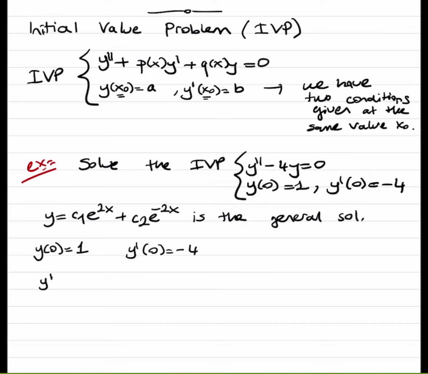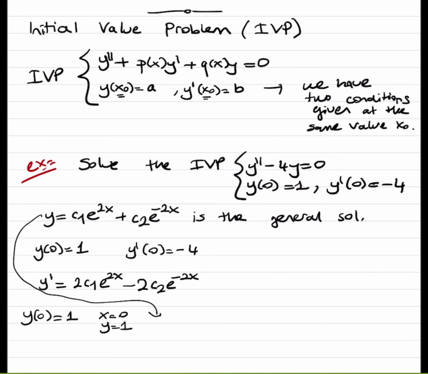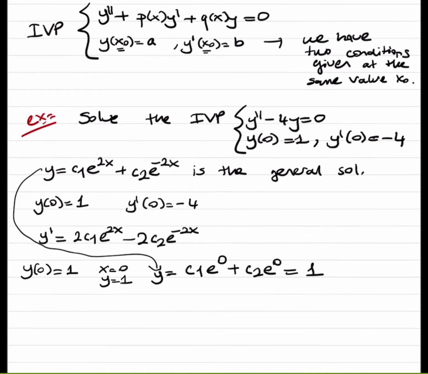Okay, let's take y prime. It is 2c1 e to the power 2x minus 2c2 e to the power minus 2x. Okay, y of 0 is equal to 1. So when x is equal to 0, we put y is equal to 1 into y: c1 e to the power 0 plus c2 e to the power 0 is equal to 1.